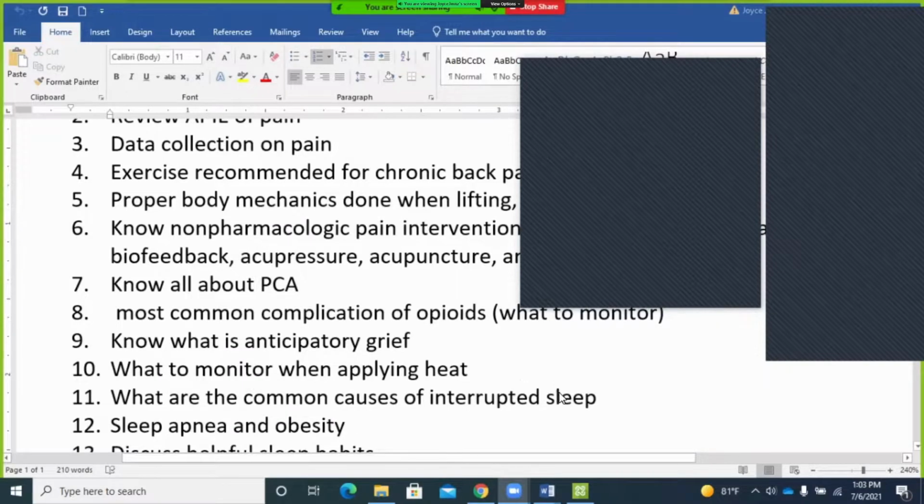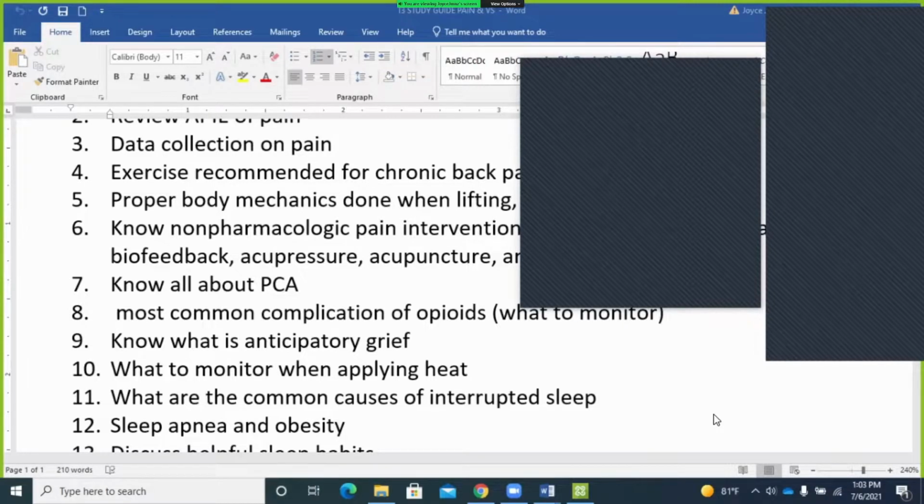Anticipatory grief. What is anticipatory grief? It is grief for a condition that has not yet happened. Maybe someone is going to have a breast operation and she's already grieving that she's going to lose a breast, she's not going to look attractive, and she's sad.